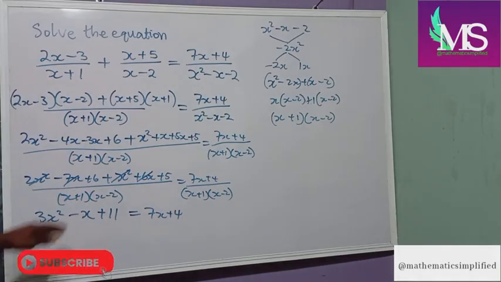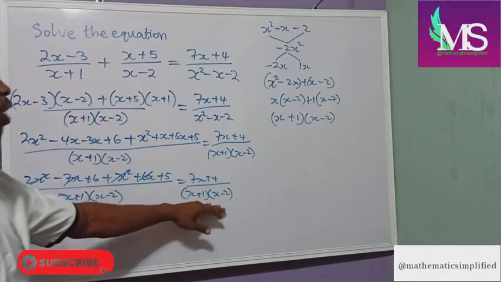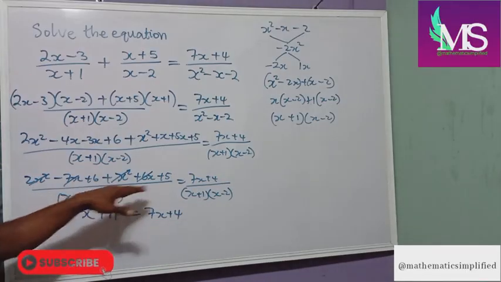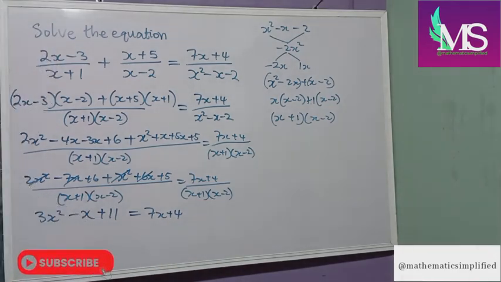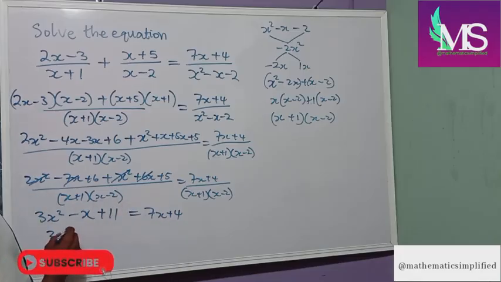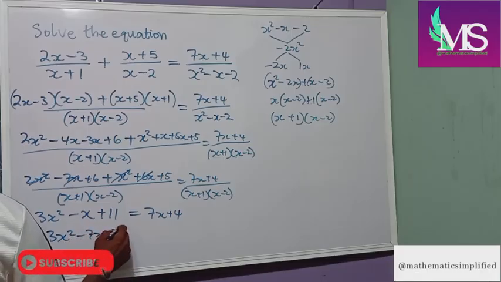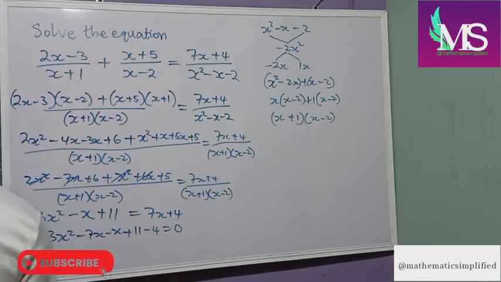Now, since we have common denominators here, (x plus 1)(x minus 2), we can simply multiply both sides by our denominator, which will cancel out, leaving us with this equation. Bringing all the terms together, we have 3x squared minus 7x minus x plus 11 minus 4 equals 0.